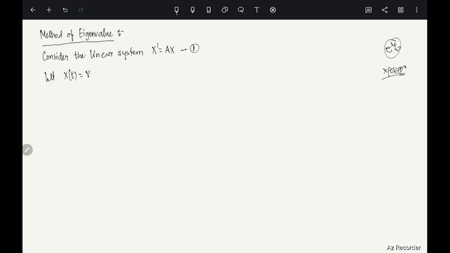Please remember v is a vector. Let me put it this way: v times e to the power lambda t. Please understand v is a vector in Rn, and e to the power lambda t is basically a scalar, where v is an arbitrary constant vector.